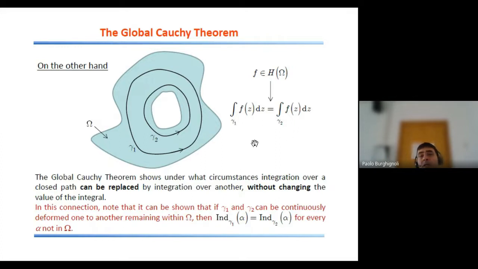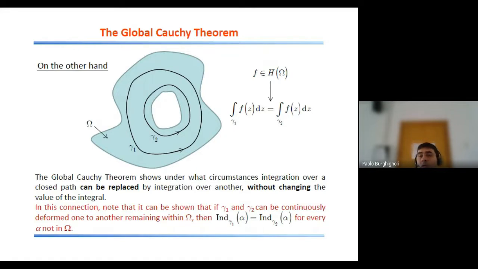So you have a way of replacing gamma 1 with gamma 2 or vice versa without changing the value of the integral. So that's the point. The global Cauchy theorem tells you under what circumstances you can change the integration domain without altering the value of the integral.